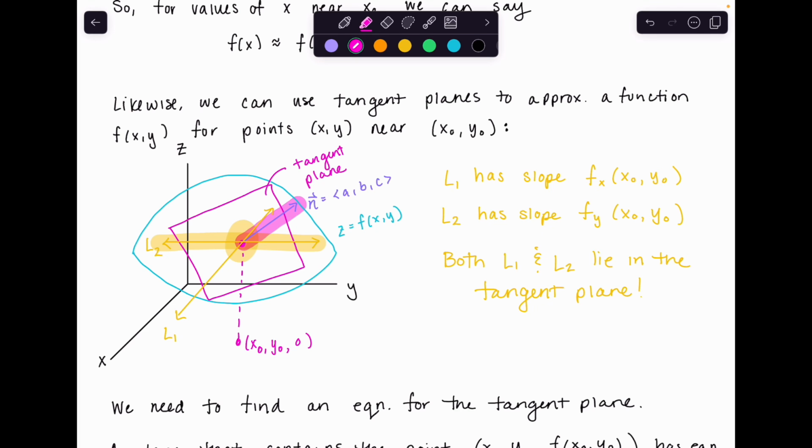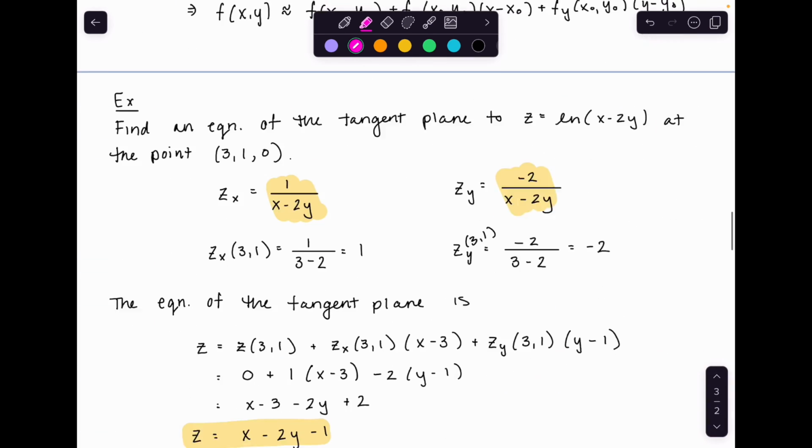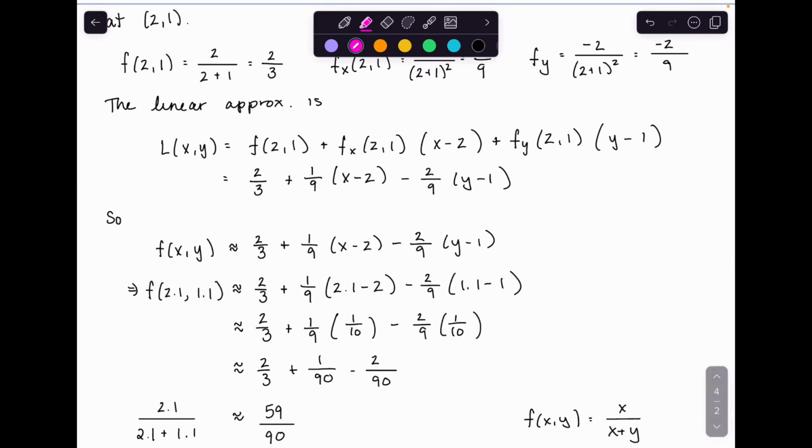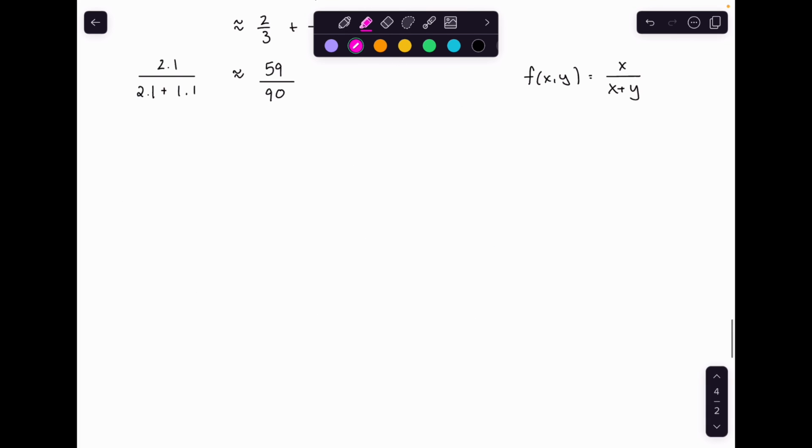For a line, all you needed was the point and the direction it was heading. But we know the normal line just deals with the gradient vector. So all I'm going to do is use the gradient vector to find those components. To summarize, if you're finding a tangent plane, you can immediately find the normal line too, because they have the same direction vector.